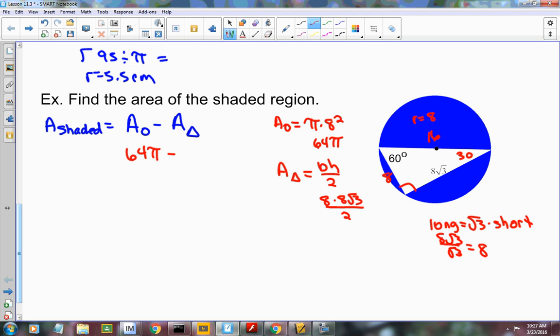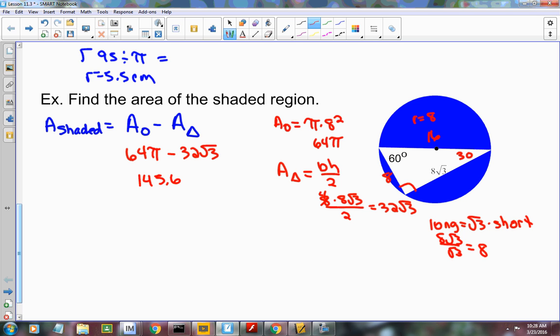Okay, 2 goes into 8 4 times. 4 times 8, that's 32 radical 3 for the area of the triangle. So we're going to subtract 32 radical 3. So we have 64 pi minus 32 radical 3, and I get 145.6.